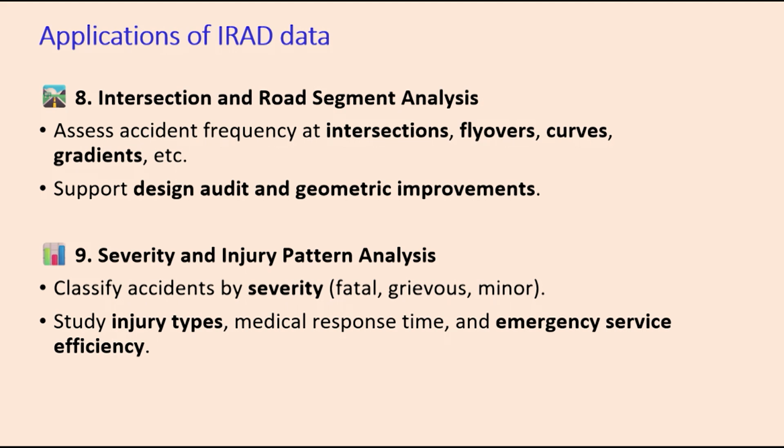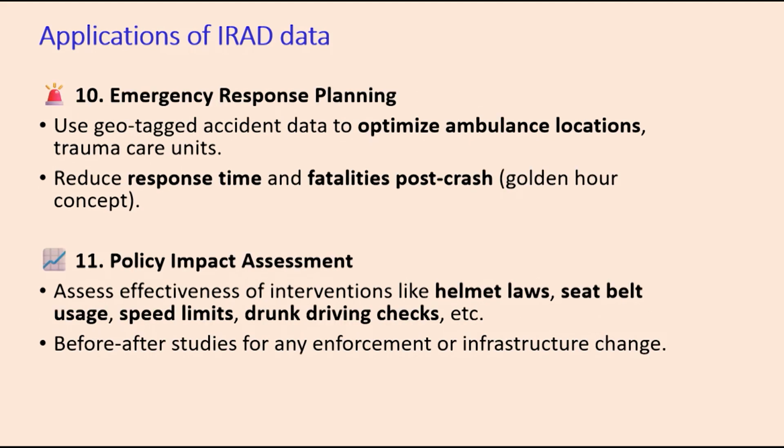Say if your focus is on the ambulance side, emergency care, you might be more interested in serious injury and fatal accidents. Where they are located, how far they are from the trauma center, what was the response time of the ambulance. All those things you can figure out and see how you can improve upon them.